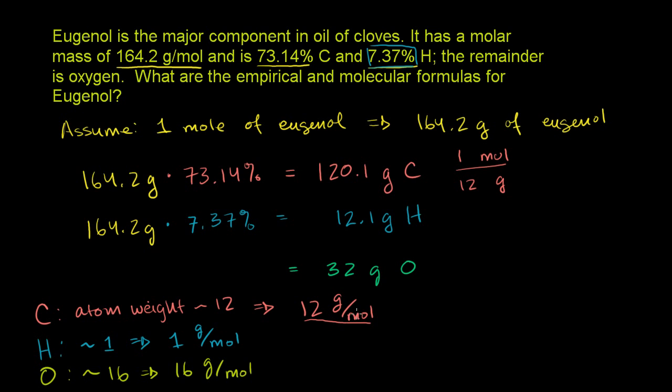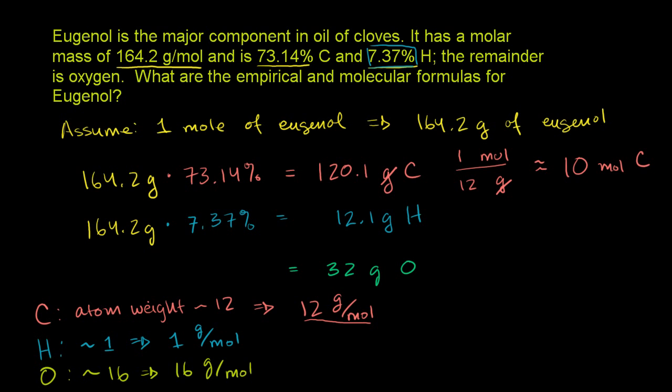The grams cancel out, and we are left with 120.1 divided by 12, which is pretty close to 10. So this is equal to 10 moles of carbon. So we know how many moles of carbon we have in 1 mole of eugenol.